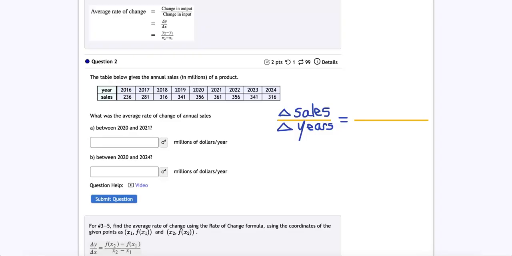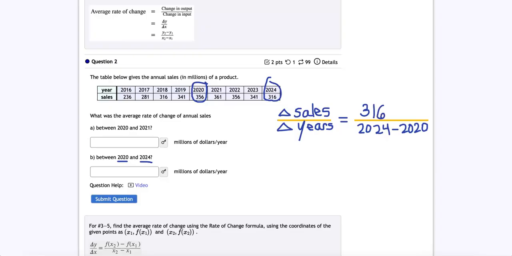So for the sales between 2020 and 2024, which would be your change in years, placed here, we have the sales of 316 and 356. So you want to make sure the 316 corresponds with the 2024, so it needs to be listed first.